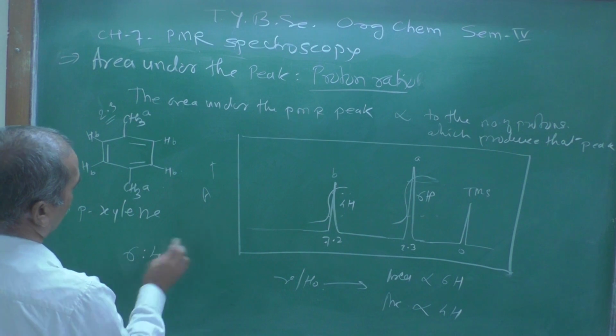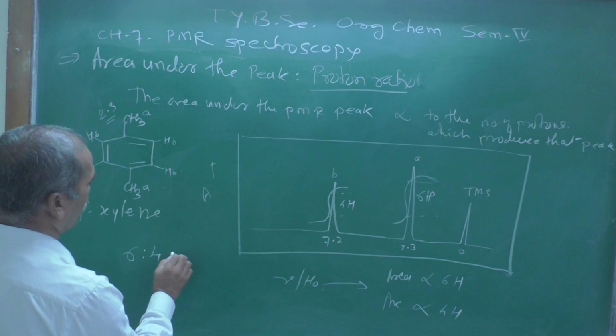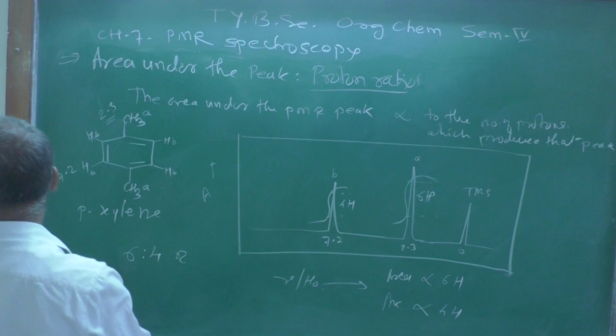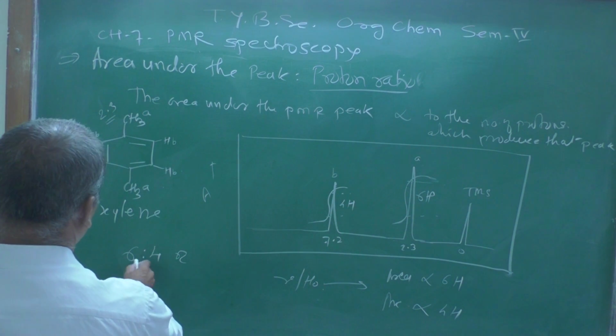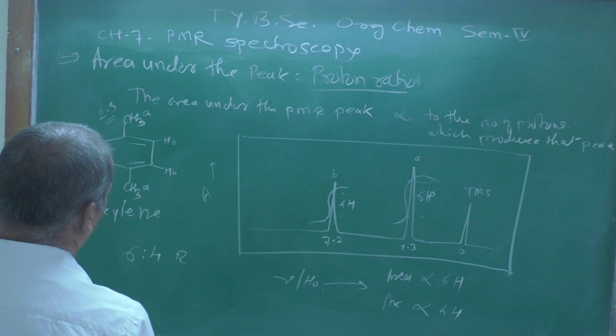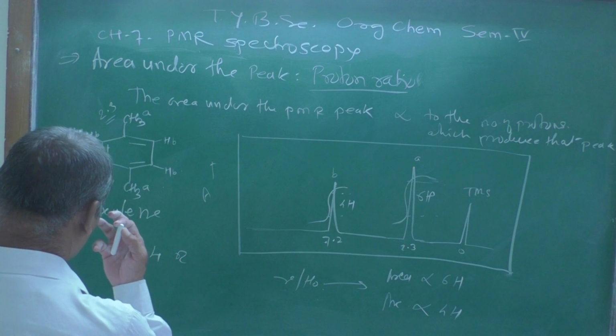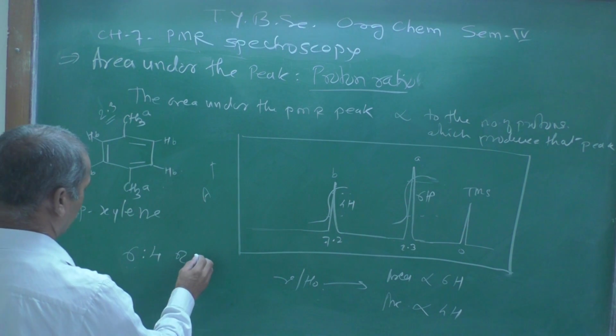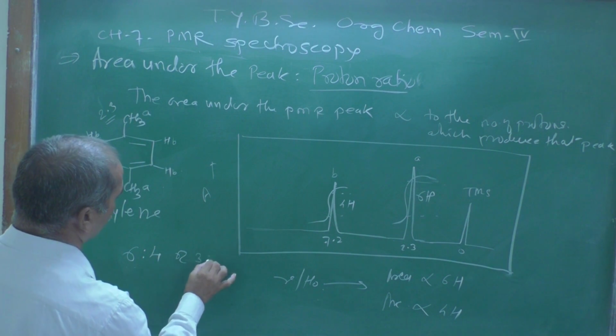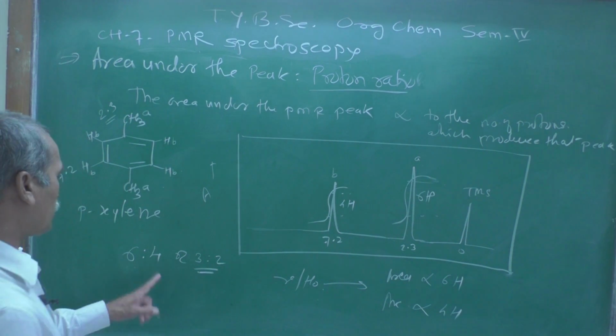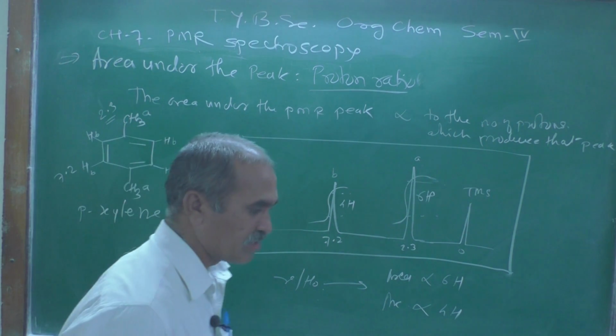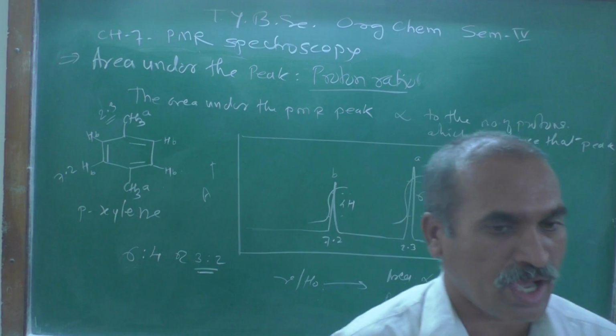The ratio 6:4, if you divide by a suitable factor, comes out to 3:2, and 3:2 or 6:4 is nothing but the proton ratio.